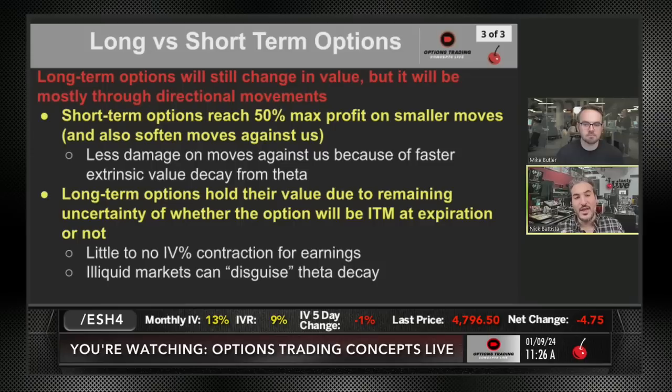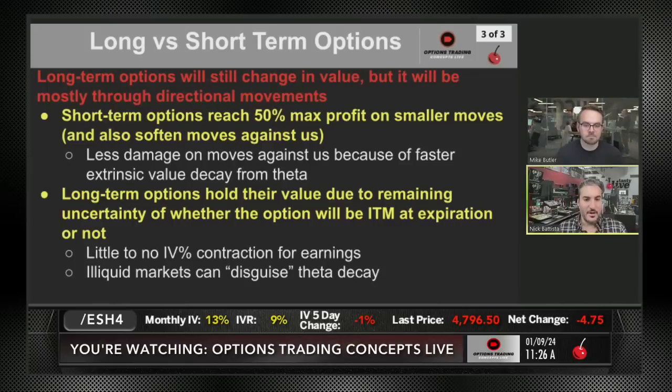That theta decay that ramps up from that 50-day time frame helps buffer some of the directional move that we're seeing in the stock movement versus something that's 100 days out in time where you're not going to see much, if any, movement on that position.